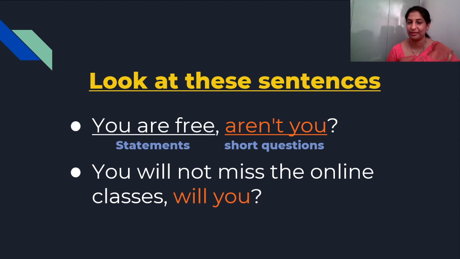It is separated by a comma, and the next part you can see is a short question, and at the end you can see a question mark. The short question at the end is called a question tag. So my today's topic is question tag.